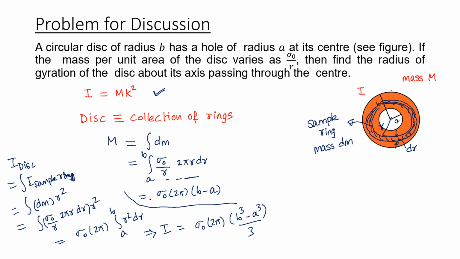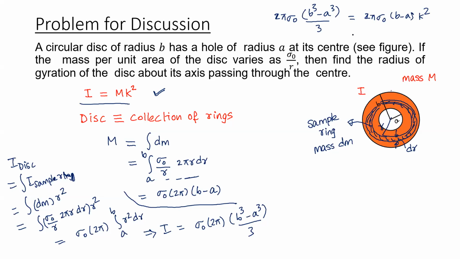Now I know the moment of inertia of the disk and I know the mass of the disk, so I can just use this. I'll substitute 2 pi sigma naught into b cube minus a cube by 3, equal to the mass, again 2 pi sigma naught into b minus a, into k square.